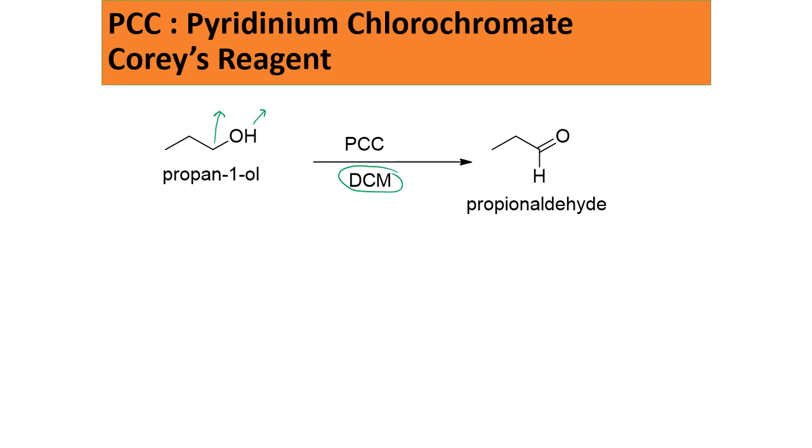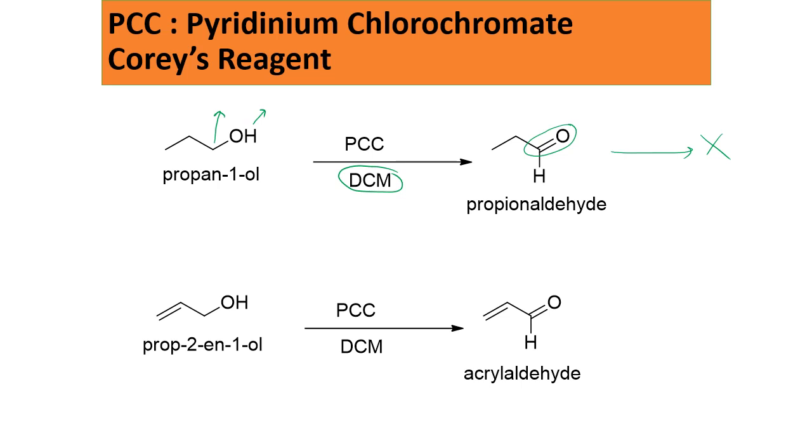So what we will have is loss of hydrogen and then formation of a double bond here after the oxidation. So this is a very nice mild oxidizing agent working at room temperature and conveniently converting the primary alcohols into corresponding aldehydes, and we do not have any further oxidation.